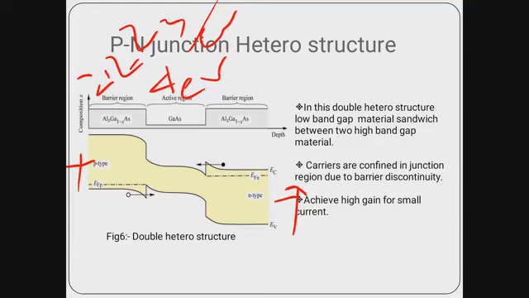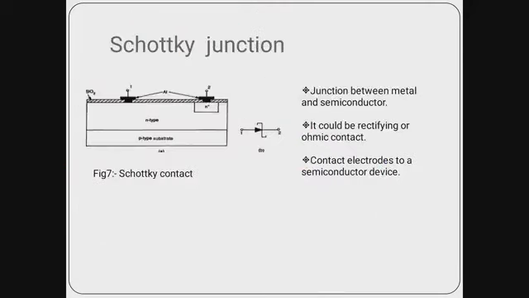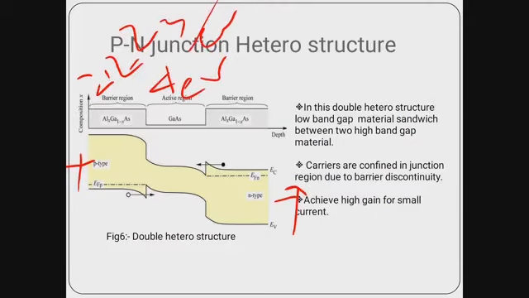That means the output current or the operation is totally controlled by you, but in case of homostructure this is not controlled by the operator. That is why we have chosen heterostructure as compared to homostructure, and the main reason is discontinuity.